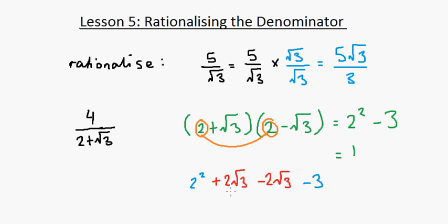You notice that this and this cancel out, so we're back to this and this, which equals 1.